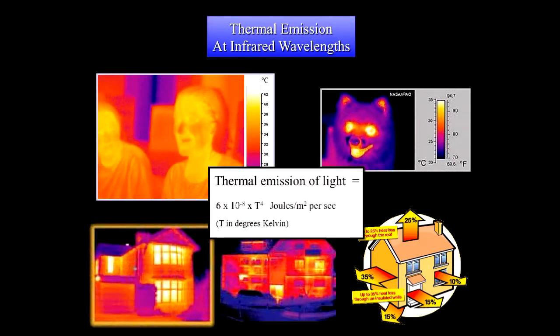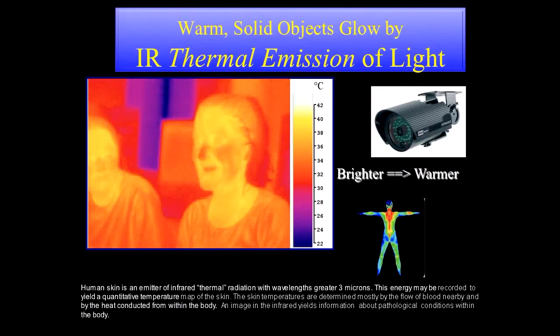Well, by 2 to the 4th power. What's 2 to the 4th power? 2 times 2 is 4, times 2 is 8, times 2 is 16. So if an object doubles its temperature, the amount of thermal emission goes up by a factor of 16, a huge increase. So hot things are very efficient at emitting lots of infrared light.